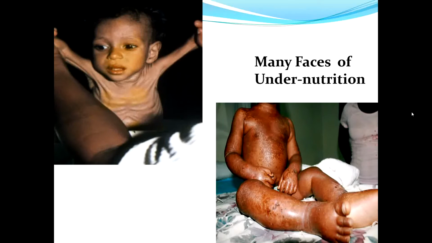Look at the loss of subcutaneous fat and signs of wasting, like the skin is hanging loosely like an old man's skin. There is no muscle mass, very little subcutaneous fat, and it is just skin and bones. So this patient is obviously malnourished without any doubt.